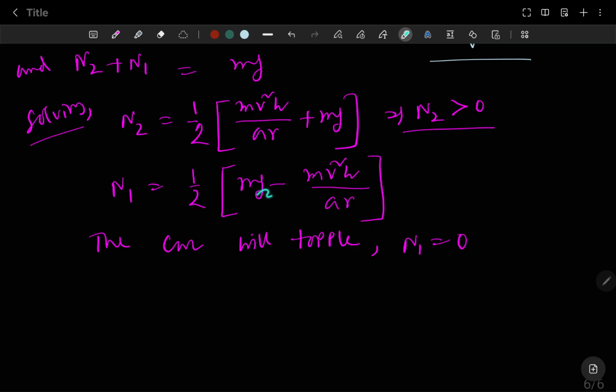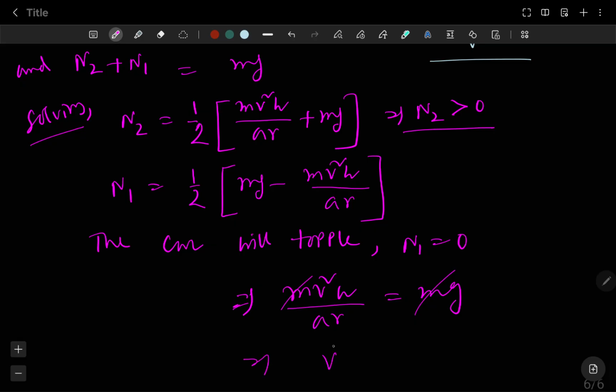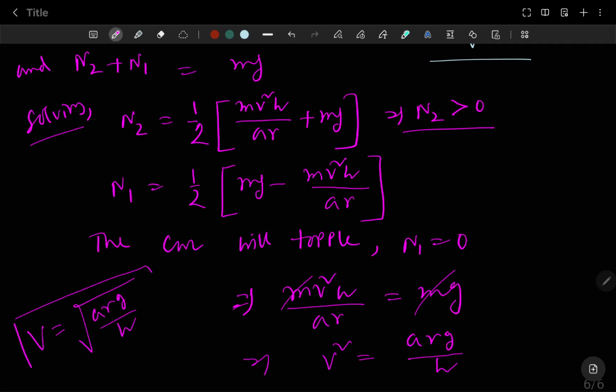So mg equals this, we get mv square H by AR equals mg. So we will have v square equals ARg by H. So v equals root over ARg by H. So when the velocity exceeds this value, then the car will topple.